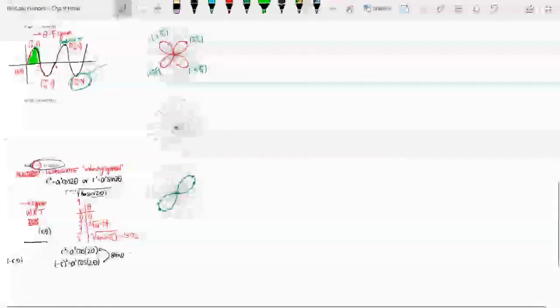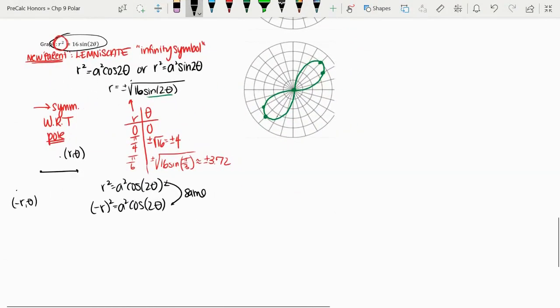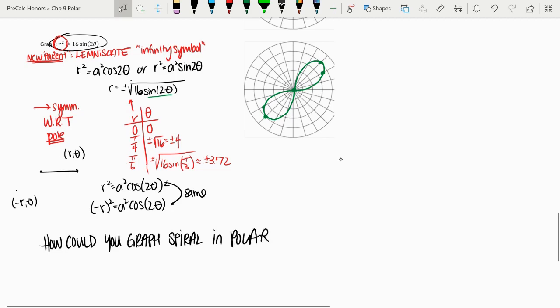All right, to wrap up our notes today, you guys have a little kind of challenge at the bottom here, or just think about, I mean, do a little research online, but I want you to think about how could you graph a spiral in the polar coordinate system.